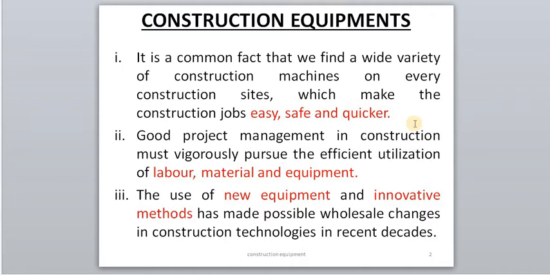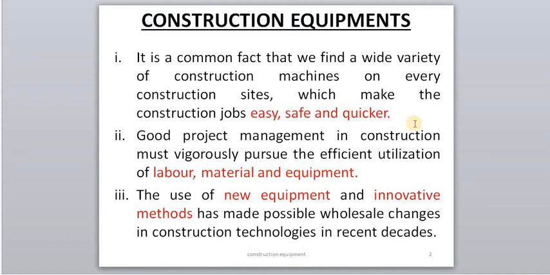Second point is good project management. Good project management in construction must vigorously pursue the efficient utilization of labors, materials and equipments. So what is project management? It is efficient utilization of labors, materials and equipments.